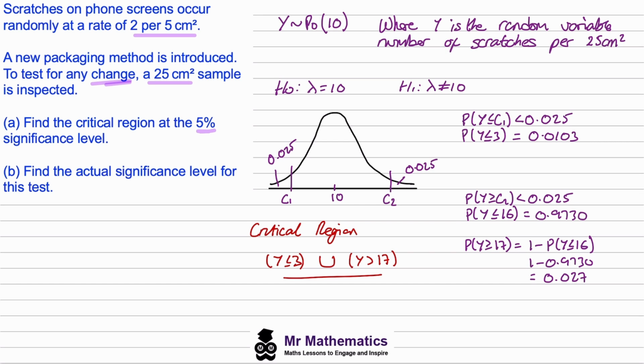And then for part B, find the actual significance level of this test. Well, it would only be 5% if this worked out to be exactly 2.5% and this one too, but they don't. This one works out to be this probability and this one is this probability. So the actual significance level will be the sum of the probabilities of the two critical regions.